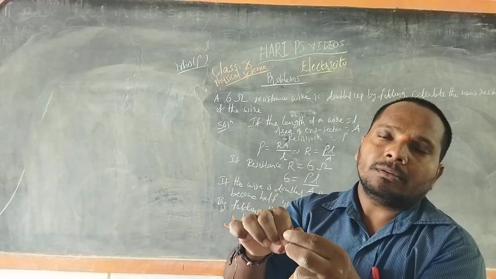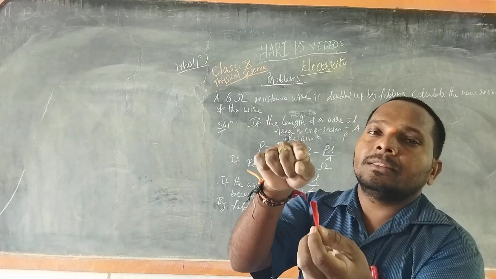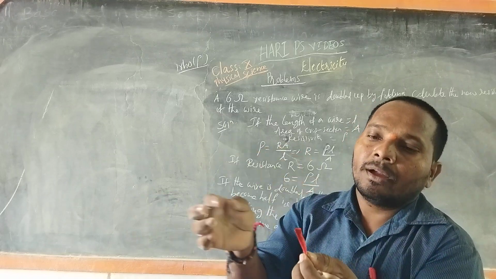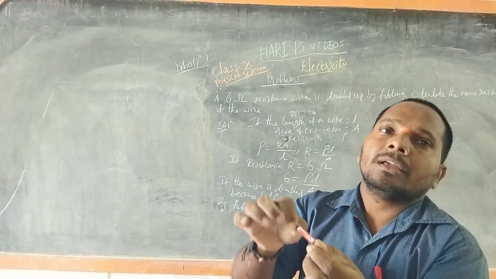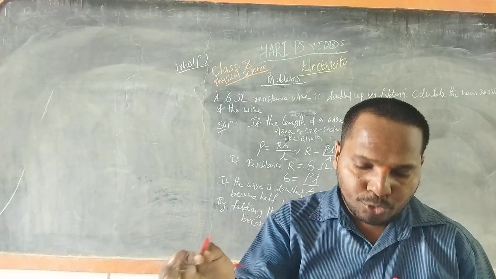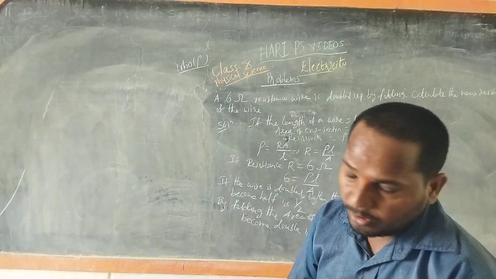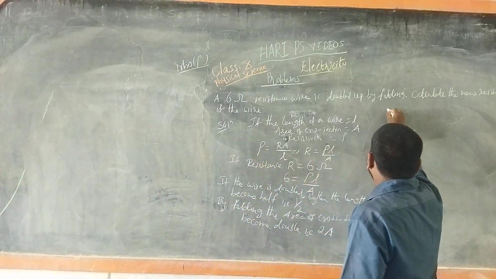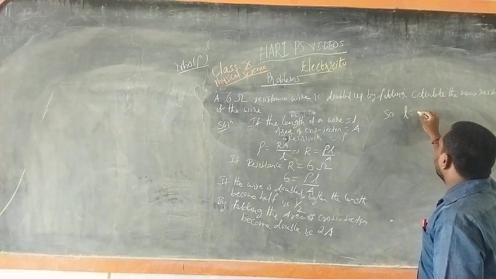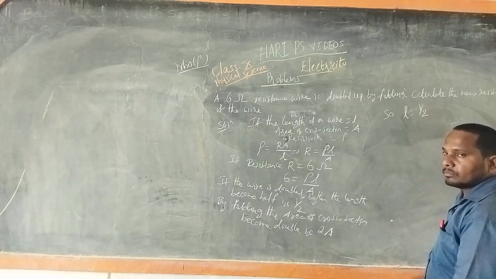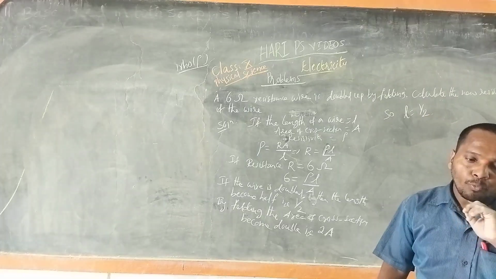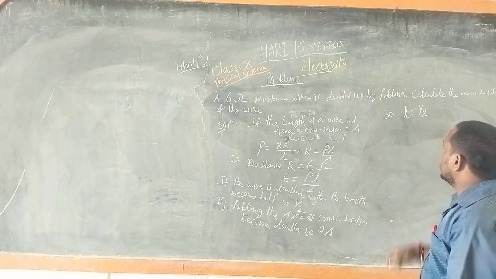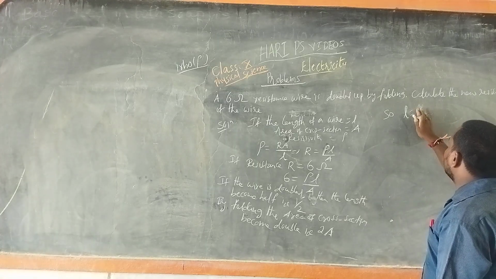So when doubled by folding, the length decreases to half, and the area of cross section becomes double, 2A. So L becomes L by 2.